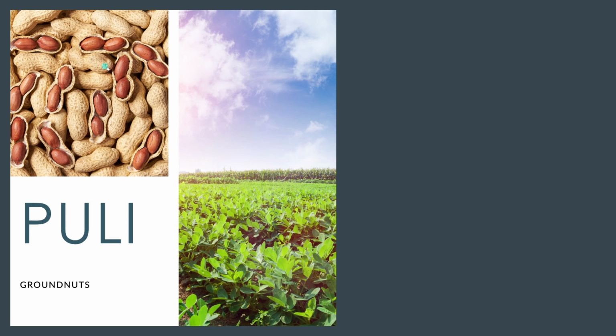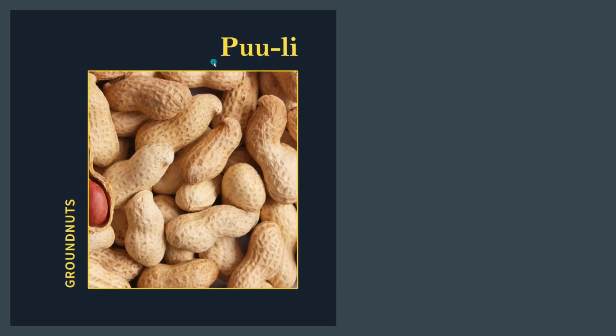Once they become the real groundnuts, they get uprooted, and they pull out all these nuts, and they get separated to dry, and then later produce the peanut butter that we usually use on our bread. Didinga call this puli. Pronunciation: puli.